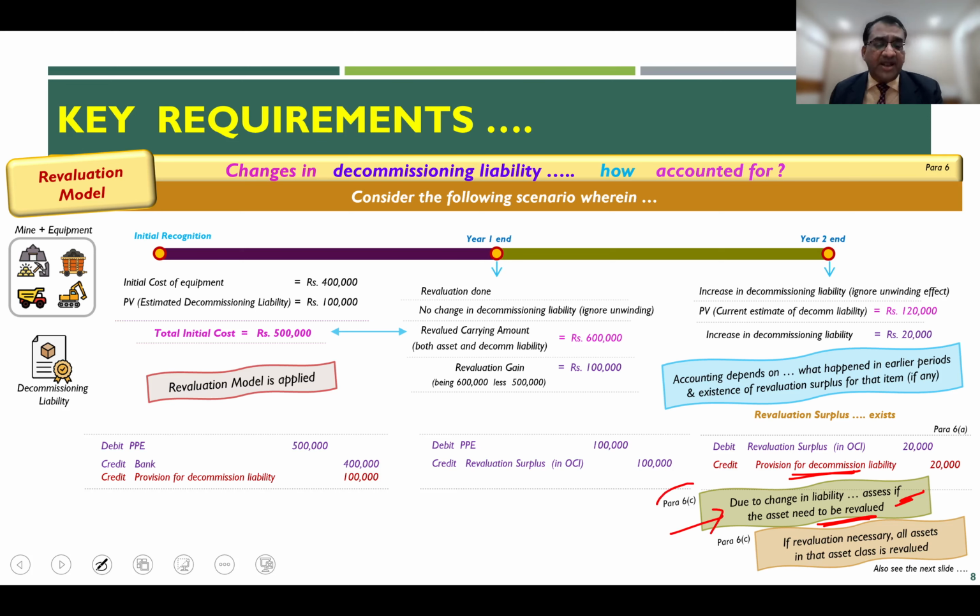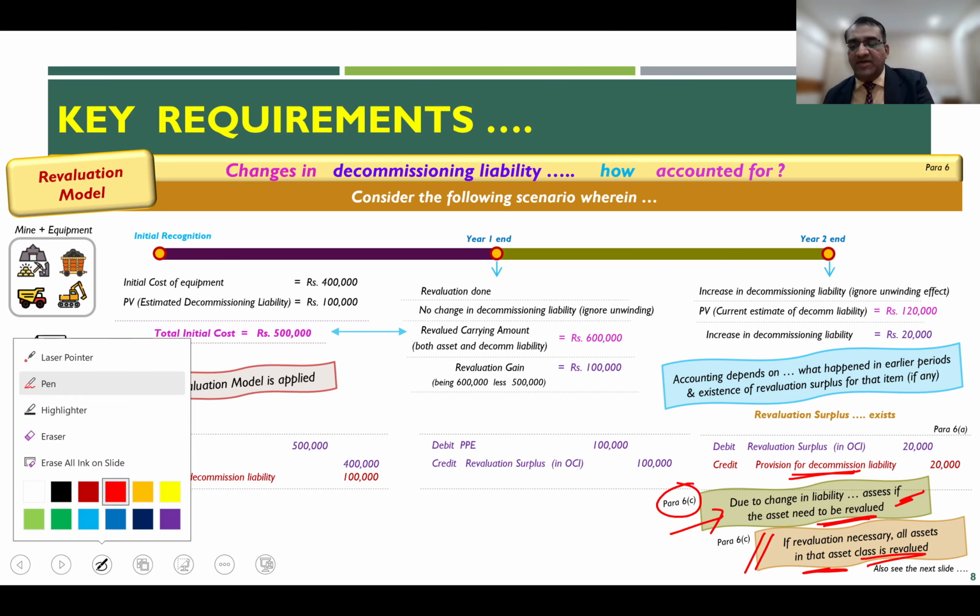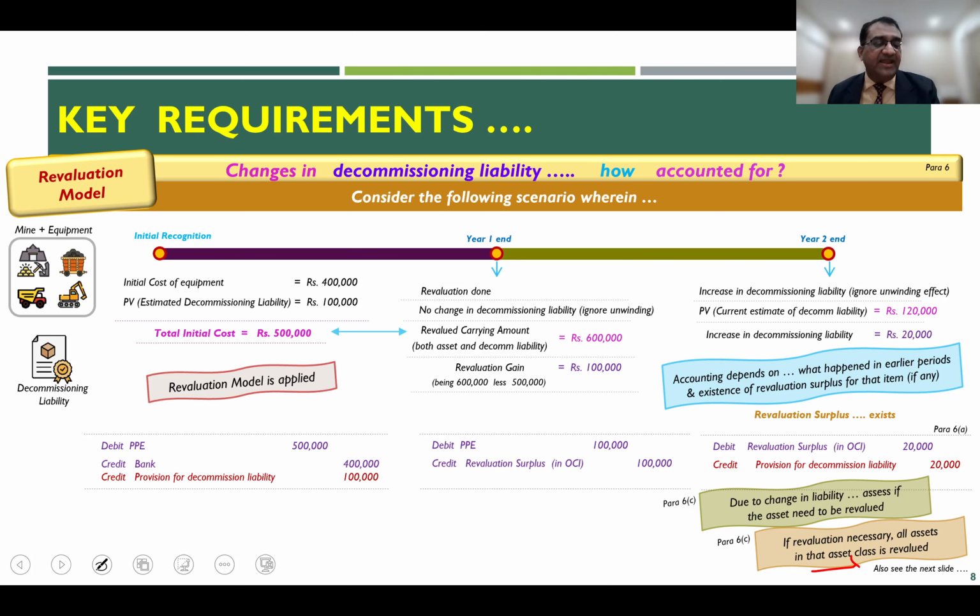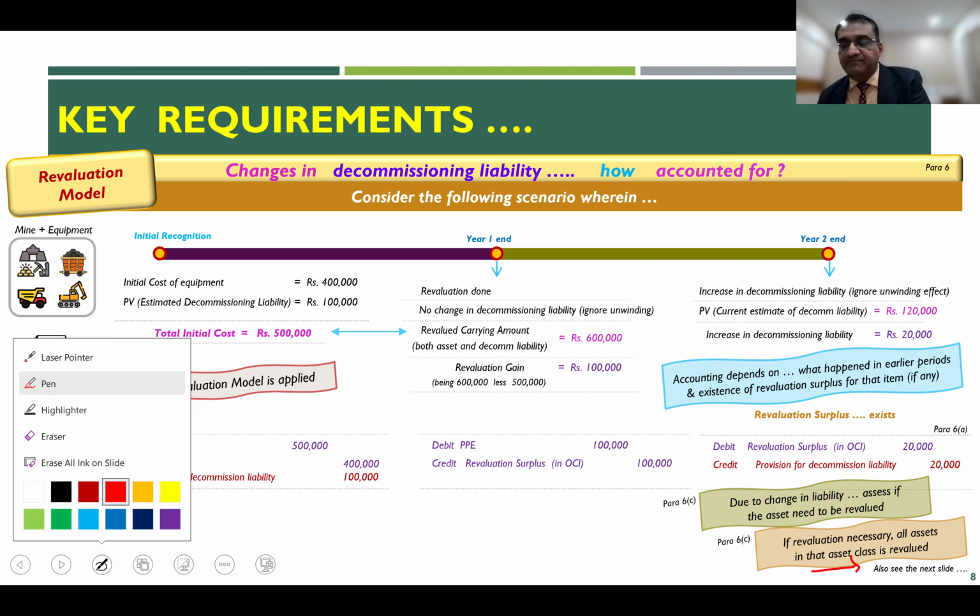And if such a revaluation is necessary, then not only that asset, all the assets in that asset class need to be revalued. This we will continue and look at in the next slide as well.